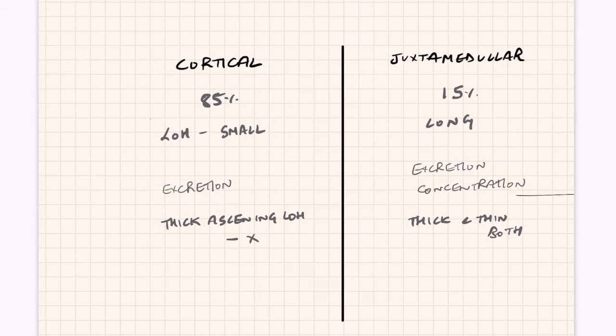The second function is reabsorption. You have to reabsorb water, and you have to reabsorb some solutes like sodium, chloride, bicarbonate. This is all included in reabsorption. Your third function is secretion.